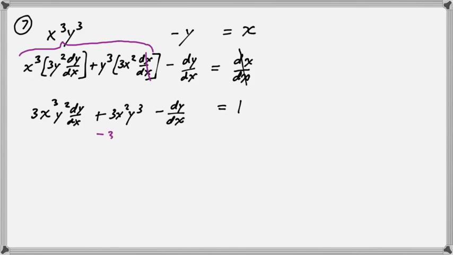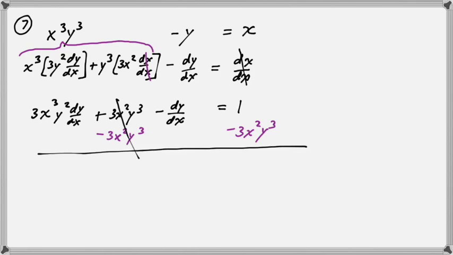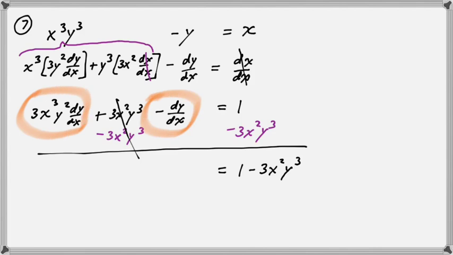Now I'm just going to subtract 3x²y³ over, because it does not have a dy/dx. And that gives me this. Now notice what remains is this and this. With practice, you're going to get good at factoring dy/dx out.